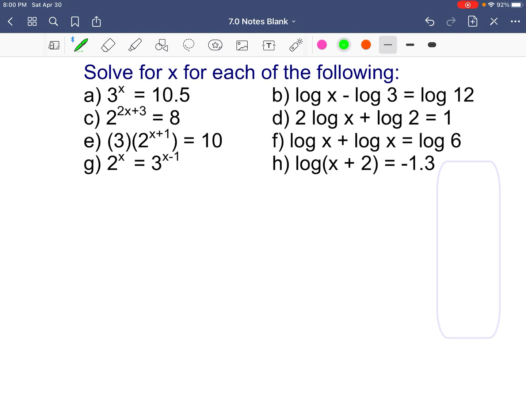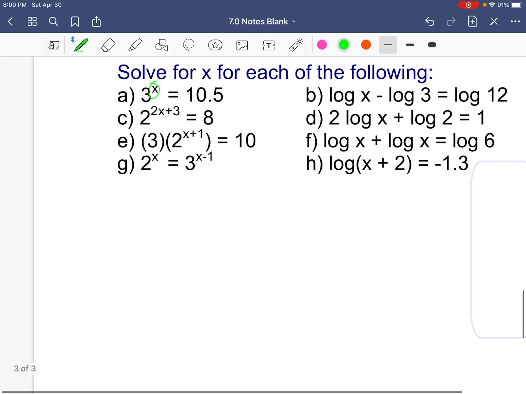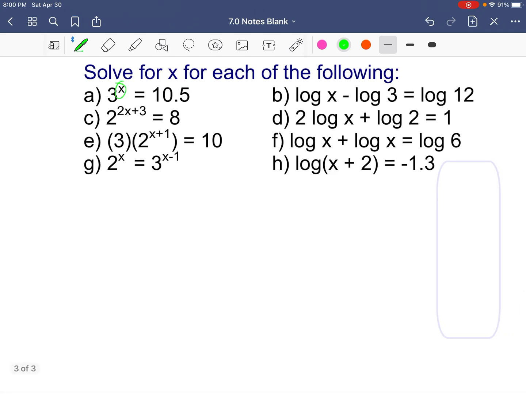So now we're going to solve. I'm not going to solve all of these, but I will solve some of them. So when your x's are in the exponent, you can change forms. You could also take the log of both sides. That would also be another option. But I'm just going to take log base 3 of 10.5 equals x.